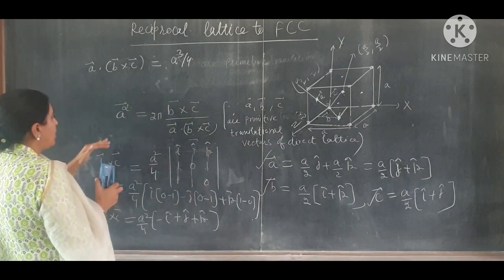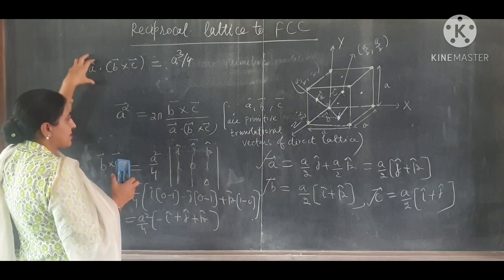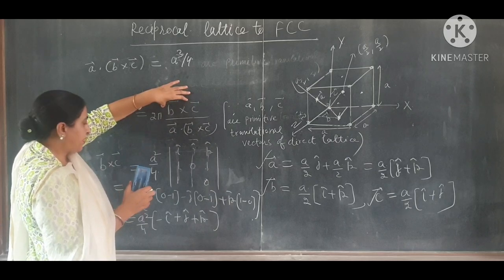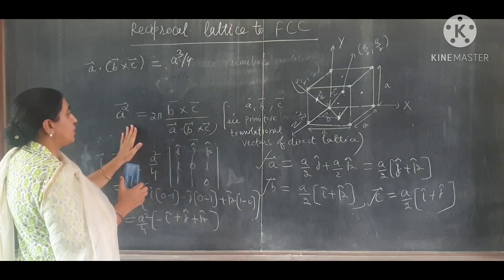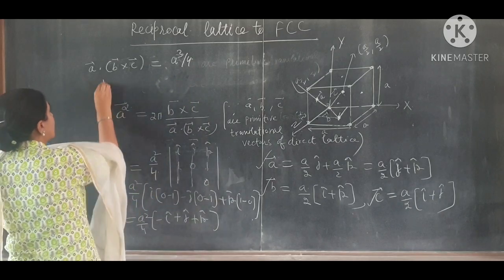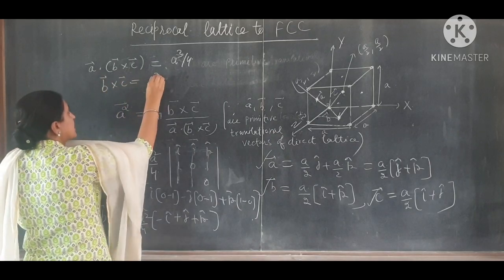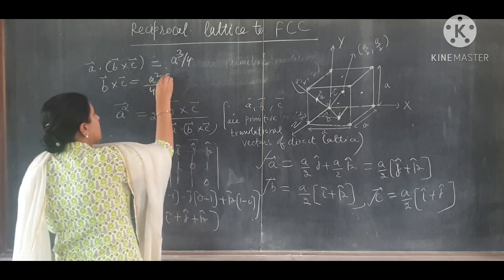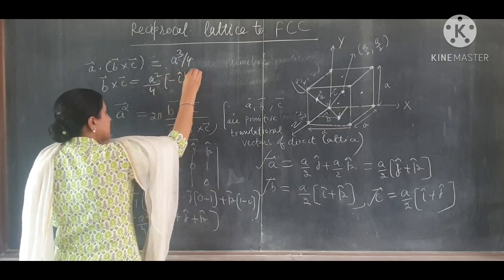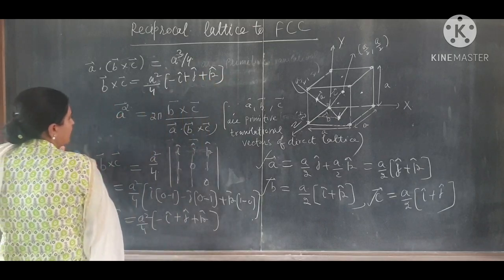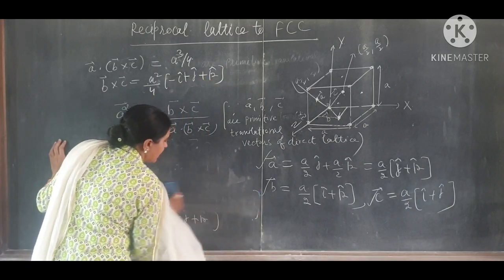Clear? Now we have the denominator and numerator both. Write down the value of b cross c, equal to a square by 4 minus i cap plus j cap plus k cap. Clear? So put the value here, you will find out a star.